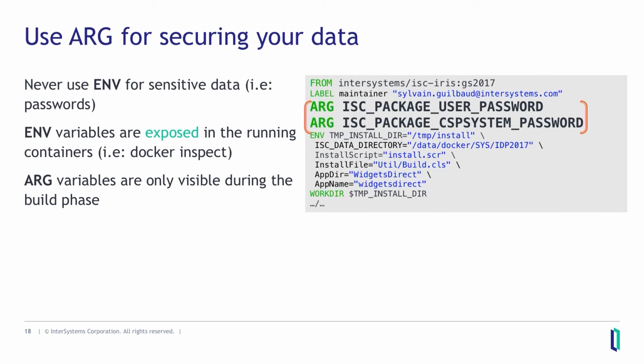Another thing you have to think about regarding security is the environment variables you set in your Dockerfiles. Environment variables are clearly useful when you have to run your instructions, but some of them are exposed. And by default, all the environment variables are exposed when you run your container.